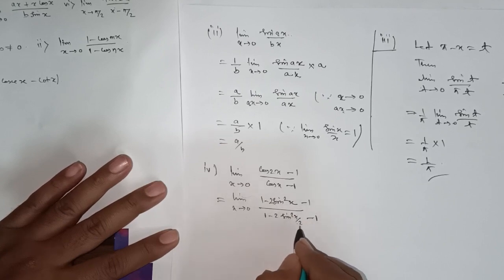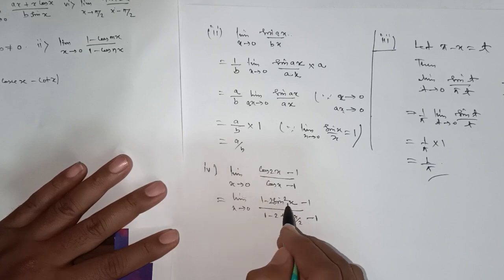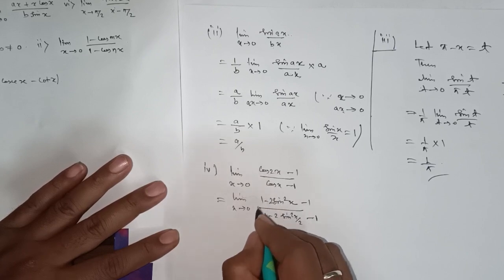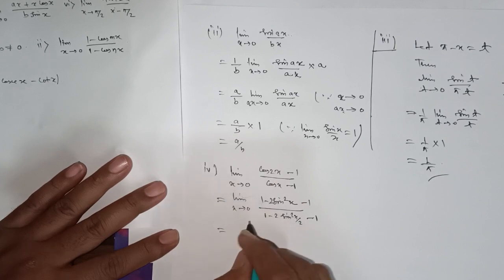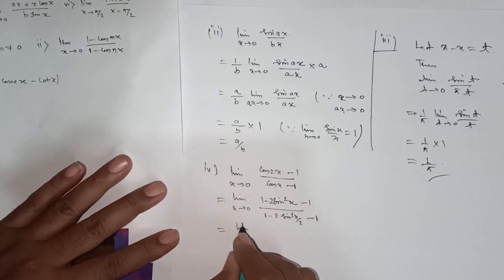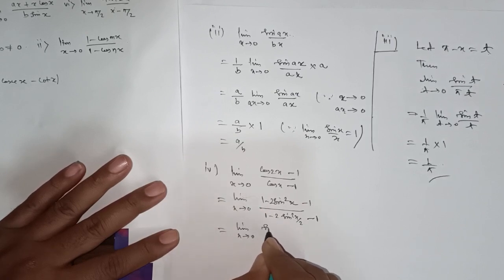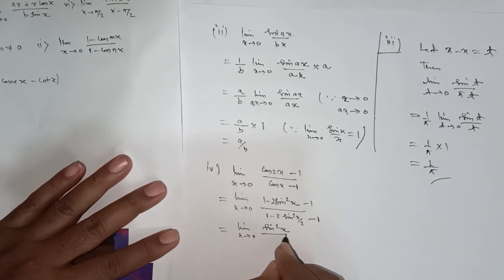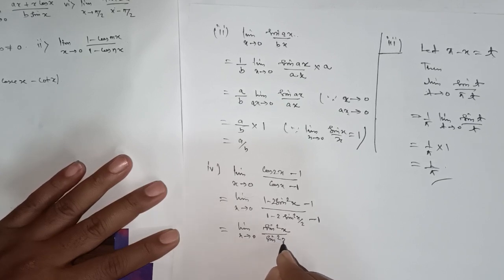Why is there an x by 2? As there is x, that's why x by 2. Here 2x, that's why we are getting x. See this plus 1 minus 1 cancel each other, 2 cancels each other. We have here limit x tends to 0 of sine square x by sine square x by 2.